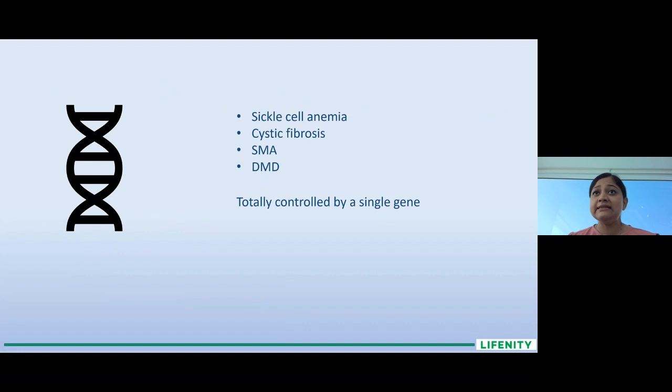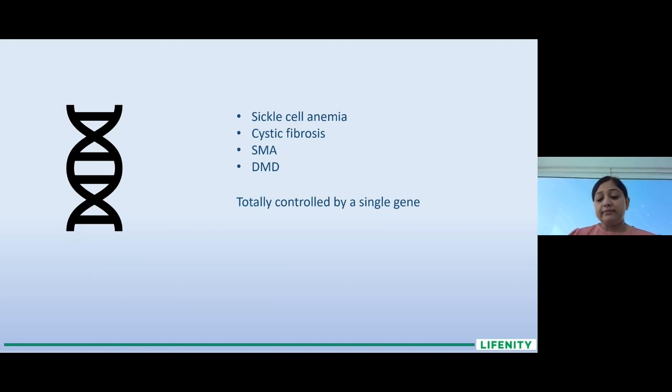These are single gene diseases, meaning if there is a pathogenic mutation in a single gene, like sickle cell anemia, it is the thalassemia, HBB genes. If a single point pathogenic mutation is there, you are supposed to get this disease. You will experience the symptoms, you will experience the consequences of the disease.